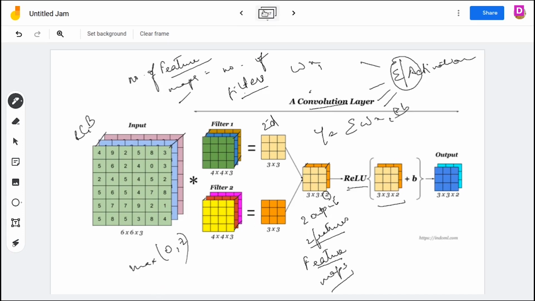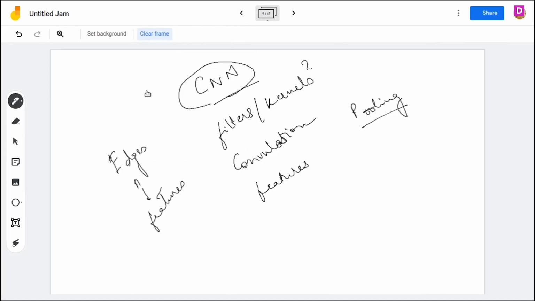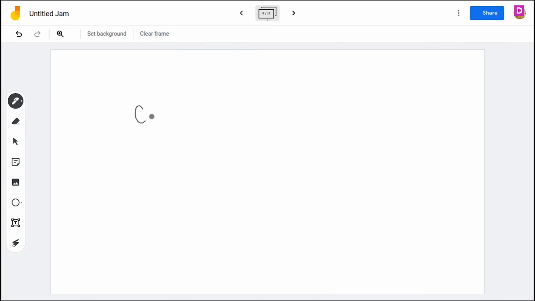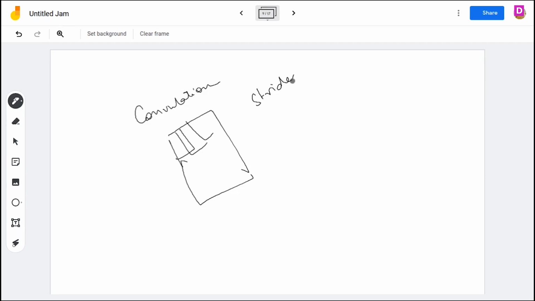So you have a convolution layer, if you remember. Let's just go over it one more time. You first have a convolution where the image is here, and then you keep filters over it one by one. Then you have something known as stride, which tells you how many pixels you have to skip over, and then you have something known as padding. There are 2 types of padding: valid padding and same padding.